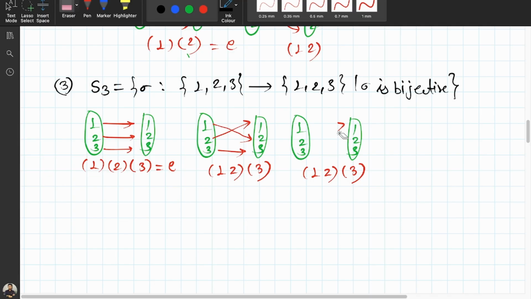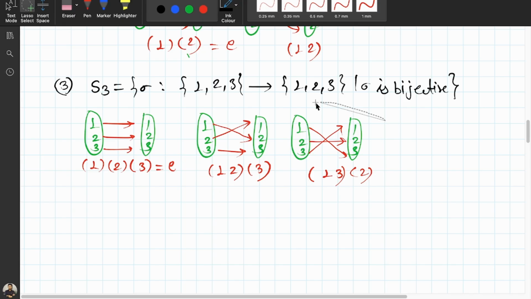Next possibility is 1 goes to 3, and 2 goes to 2, 3 goes to 1. From here I can write (1 3), with 2 going to 2.